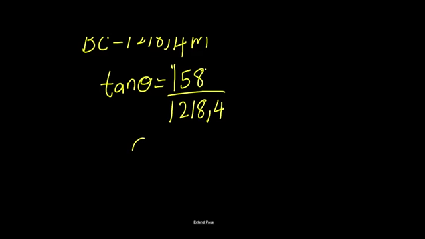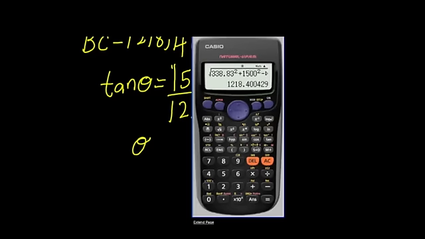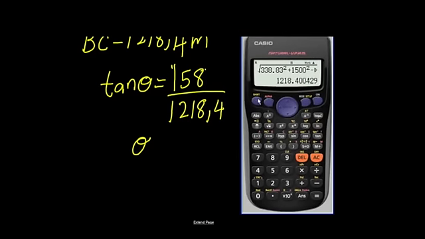So if I want to work out how big the angle is, all I need to do is bring up the calculator again and go shift tan of that ratio. So 158 over 1,218.4.